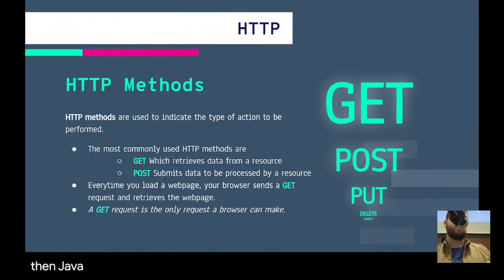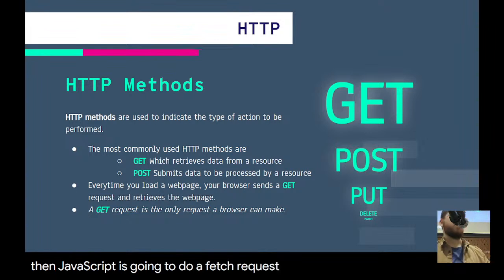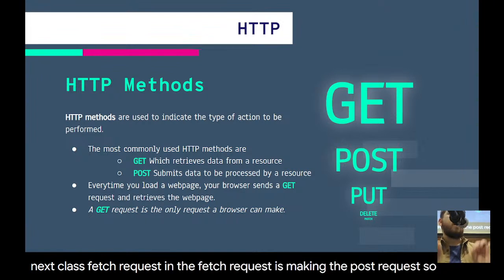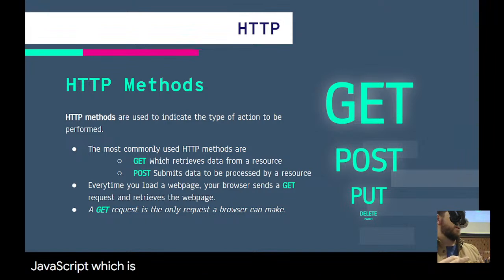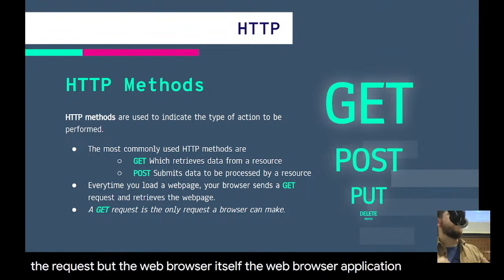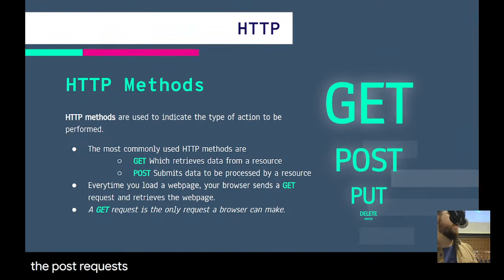And then JavaScript is going to do a fetch request, which I think we'll get to next class, and the fetch request is making the POST request. So JavaScript, which is inside this website that the browser loaded, is the one that's making the request. But the web browser application itself isn't making the POST request, if that makes sense.